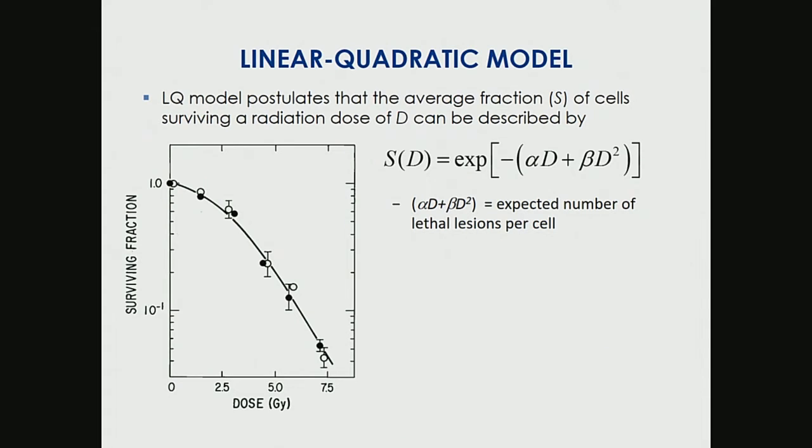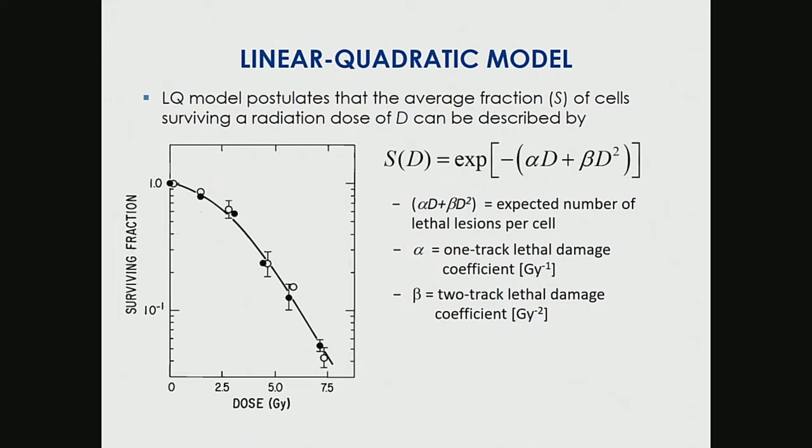The beta term represents two-track lethal damages resulted from inter-track exchange-type chromosome aberrations formed through lethal binary misrepair of two separate double-strand breaks. And the relative importance of these two modes of damage is reflected by the coefficients alpha and beta.